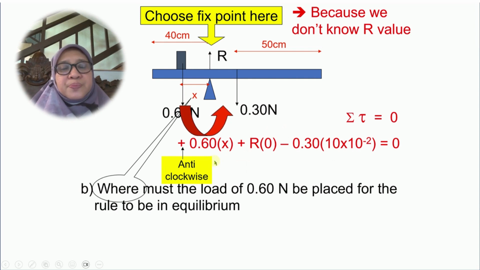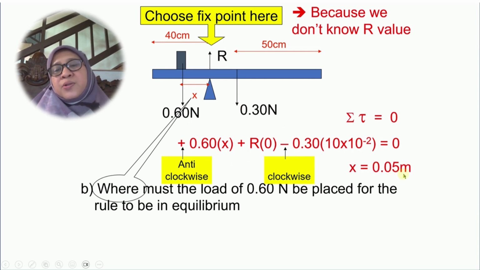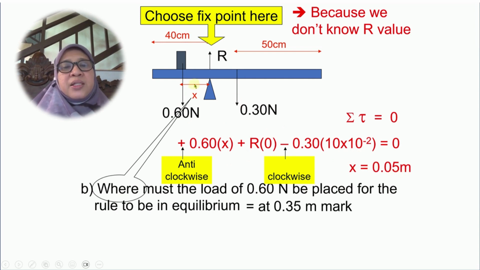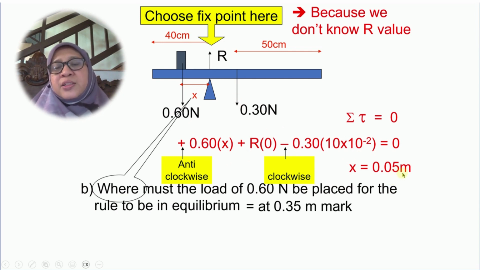I repeat again: positive for anti-clockwise and negative for clockwise. So we solve for x and get 0.05 meter. That means 0.05 meter is measured from the fixed point.